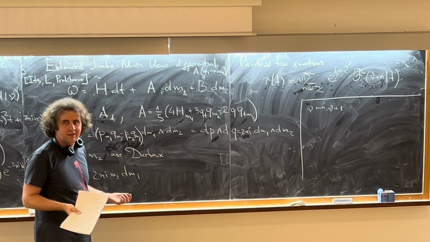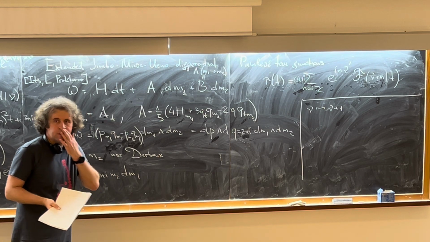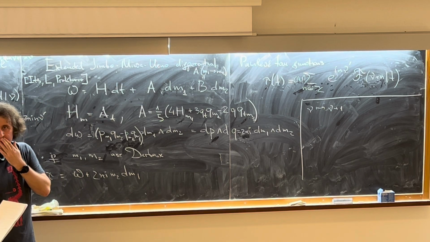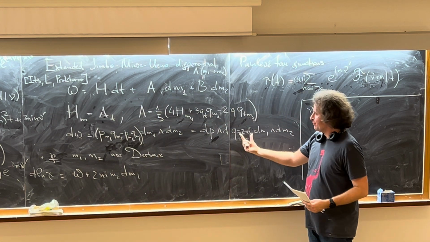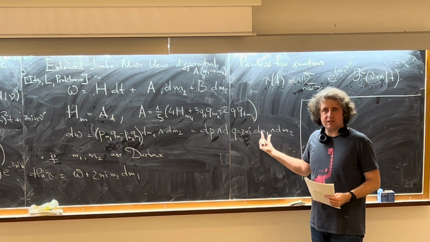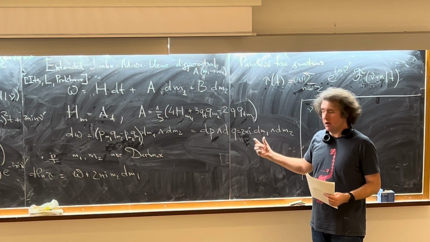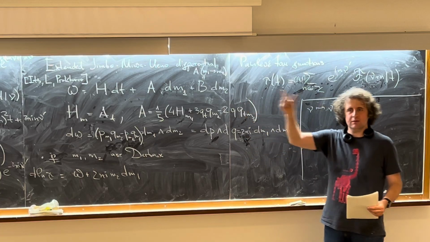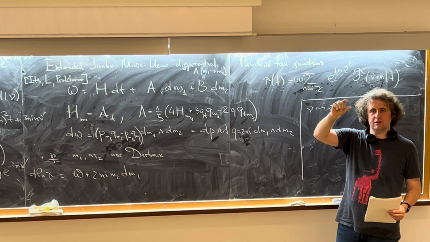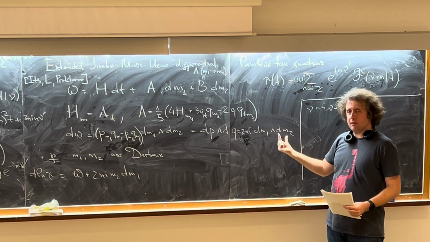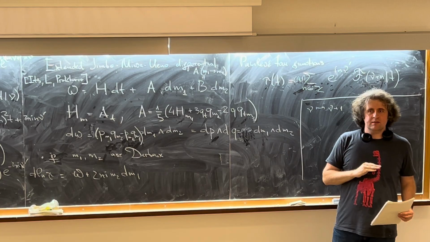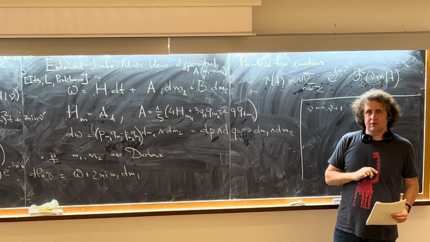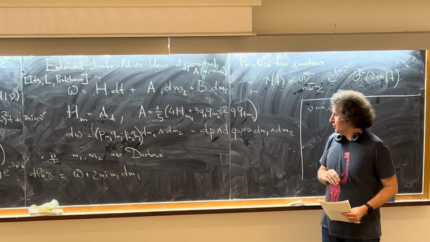You wrote dm1 with dm2. So this is just a normalization that I choose for this M1 and M2. I want to have 2 pi i to make things so that this M1 and M2, I could leave this like that if you want.